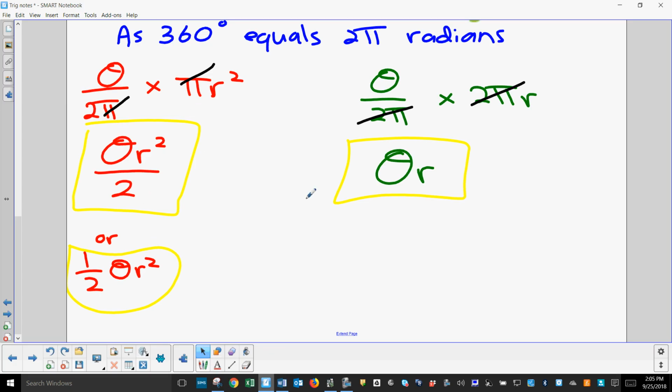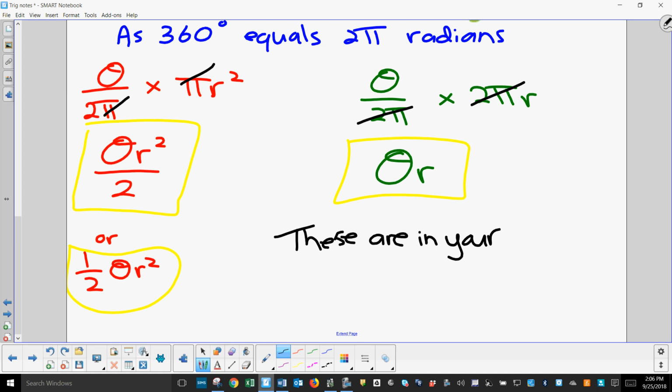So let's make a note. These are in your formula booklet, but they only apply when you're dealing with radians. If you're dealing with degrees, use the original formulas that you remember from GCSE. If you're dealing with radians, you can use these lovely versions.